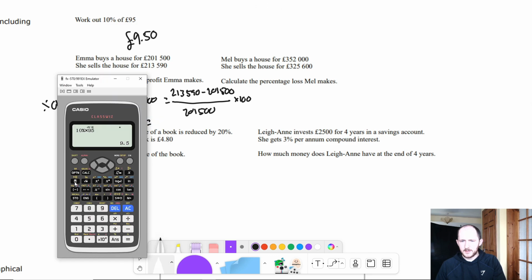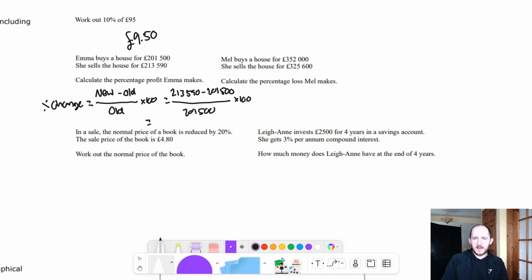So if we just put it into our calculator, we have 213,590 minus 201,500 over 201,500, and then multiply that by 100. That should be 6%, right? Yep, 6%. Now, because it's a positive number, it means it's profit. So positive means profit, okay?